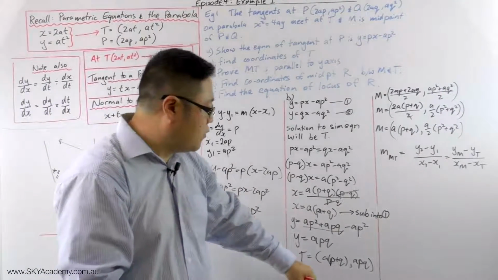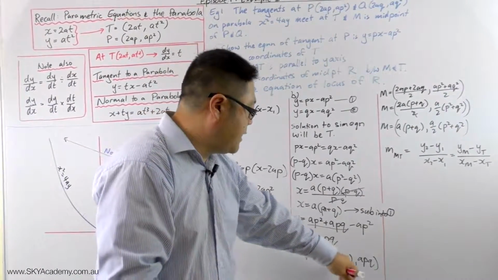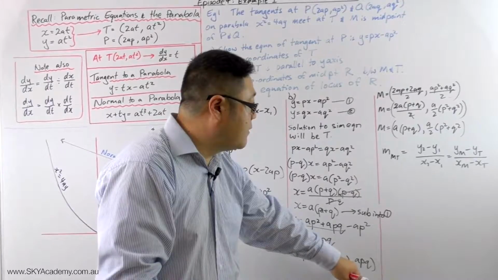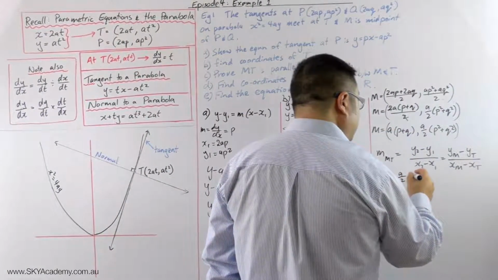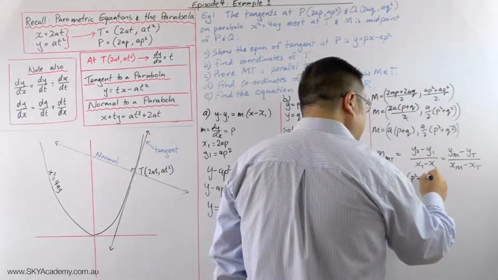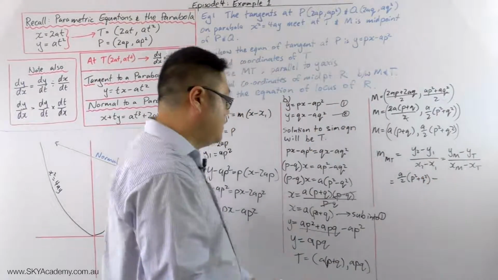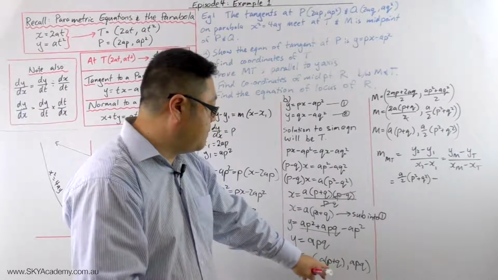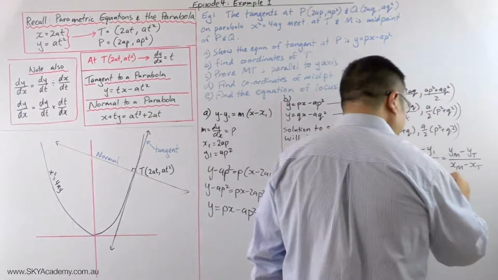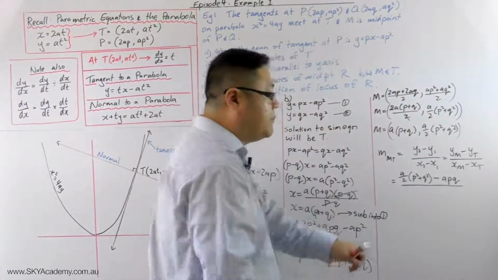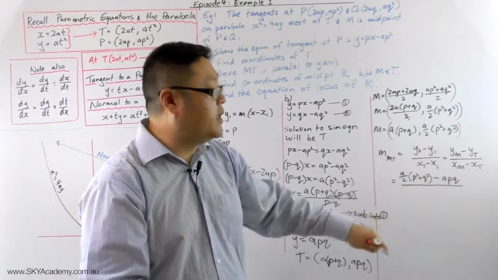Okay, now the y coordinate of M is this one here, a on 2 (p squared plus q squared) minus the y coordinate of T, which is apq. Now the top isn't looking pretty, but I want you to notice this.